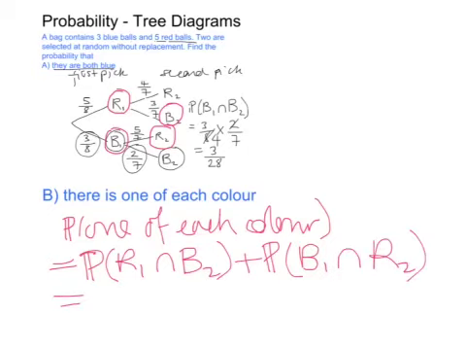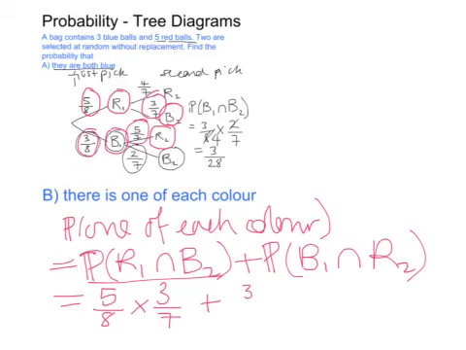So multiplying along the branches to find this, we're going to do 5 over 8 multiplied by 3 over 7, plus this, multiplying along the branches, 3 over 8 times 5 over 7.